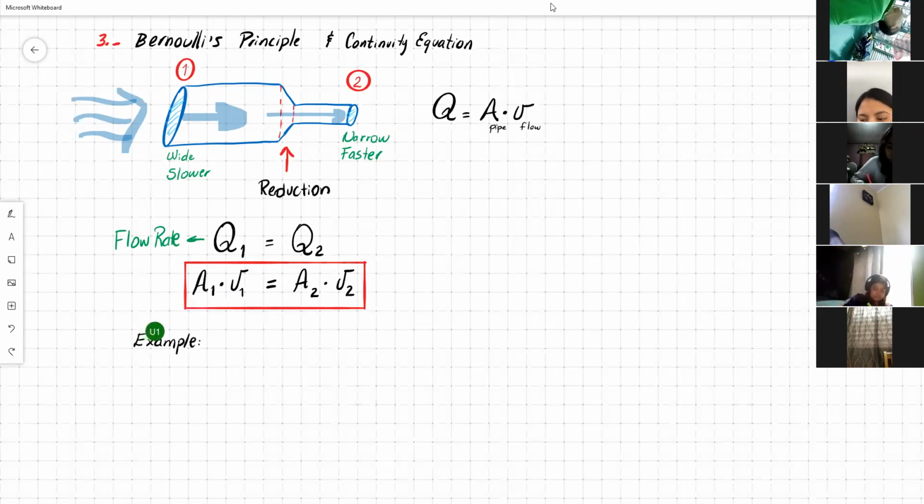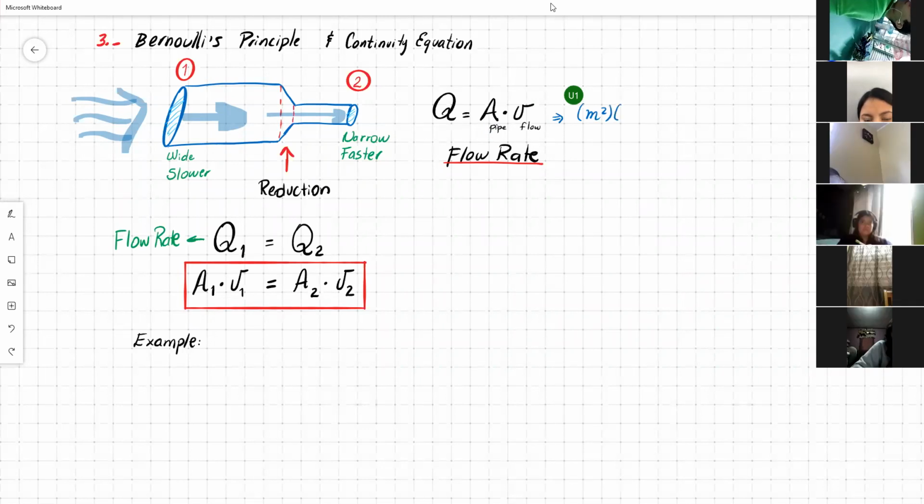But I forgot to give you the definition of flow rate. Flow rate tells me about the amount of volume. When you multiply area and velocity, you are multiplying area units like square meters times velocity, and the units for velocity are meters over second. So when you multiply the two, meter squared times meter gives you cubic meters, divided by the seconds.